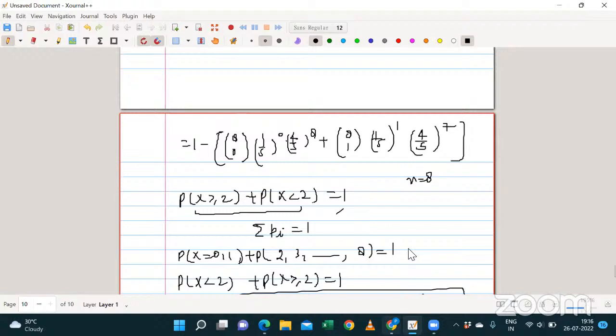But take this approach, it is good, because in such an approach your calculation will be easy. Otherwise you have to add 8C2, then 8C3, then 8C4, then 8C5, then 8C6, 8C7, 8C8. So my calculation will be too complicated, right? So just try to approach with simplicity.